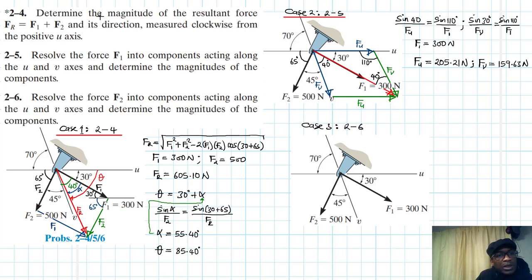So we'll do the similar thing like in the other case, only that in this particular case we are looking at F2, the components of F2, these magnitudes. So let's do the same. It's in this direction, we need this, along U and along V, like so.